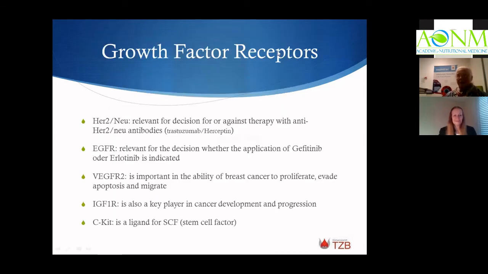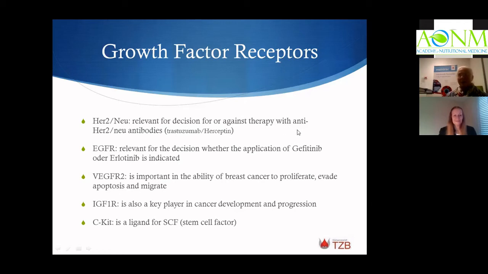Other receptors are so-called growth factor receptors. The most well-known is HER2, and HER2 was seen as a negative prognostic factor as long as there was no treatment against this factor.